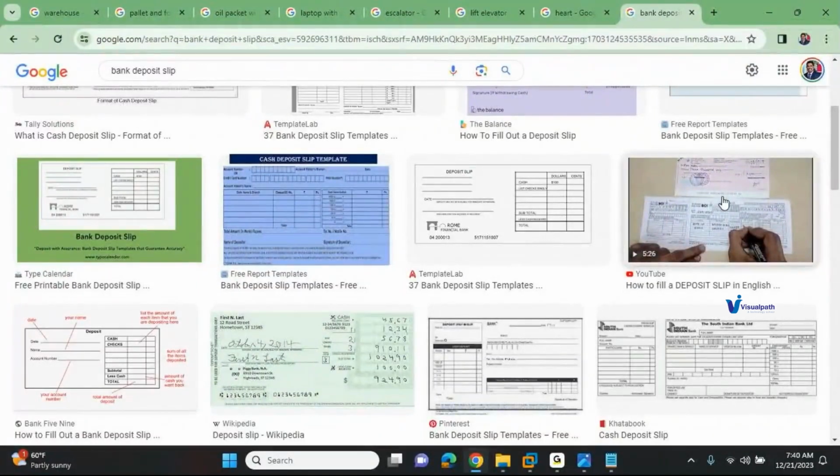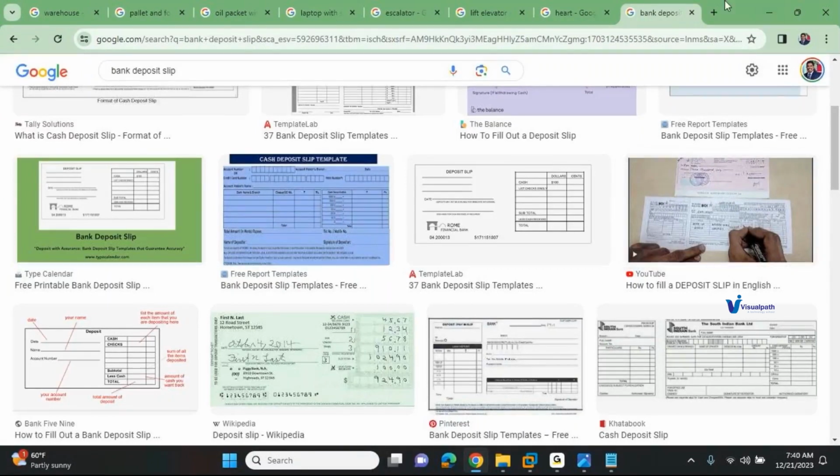Suppose this check is an SBI check and you have an ICICI Bank account. Or this check is an ICICI check and you have HDFC Bank. Otherwise, this is an HDFC check and I have Tamil Nadu Gramina Bank, Telangana Gramina Bank, Andhra Bank. It may be different, it may be the same.